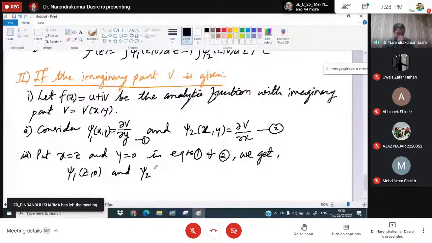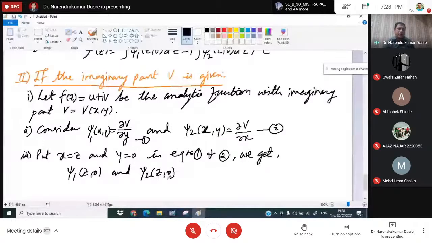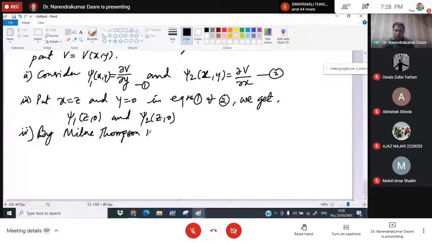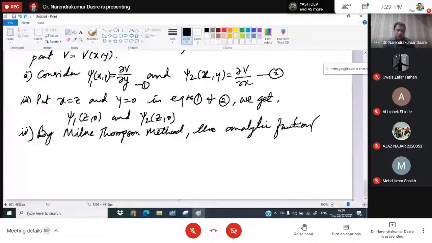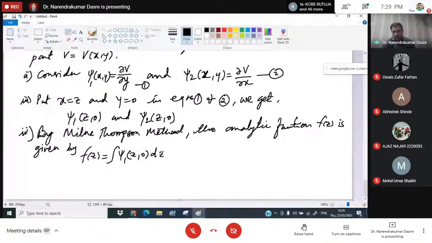Okay, so once you get psi 1 of z0 and psi 2 of z0, then you can write the next step by Milne-Thomson method. The analytic function f of z is given by f of z is equal to, we need to integrate this as vy, so it is the integral of psi 1 of z0 dz plus i vx, so it is going to be the integral of psi 2 of z0 dz, plus the constant of integration c.